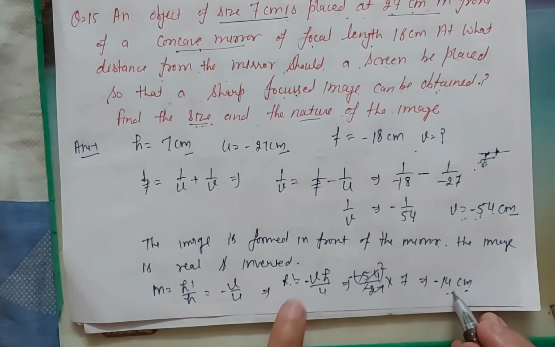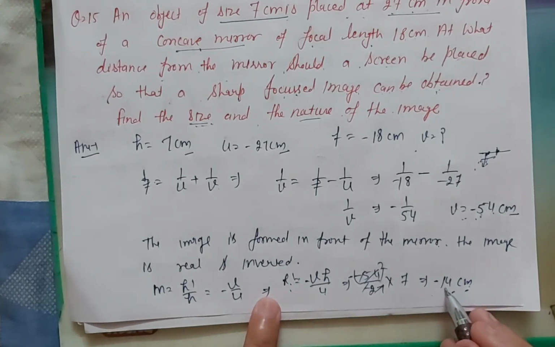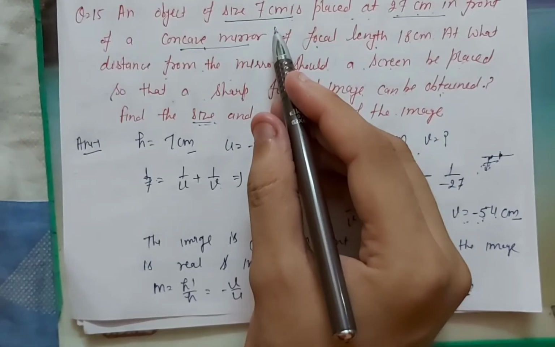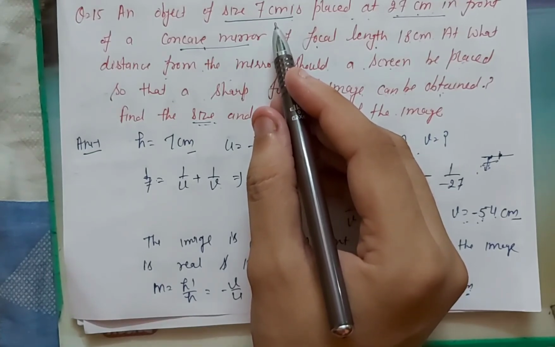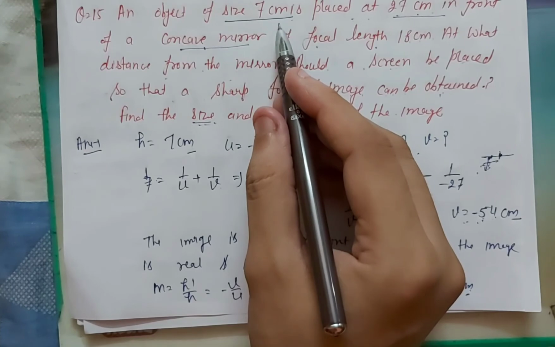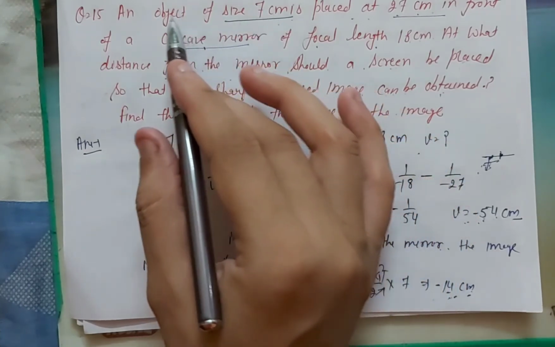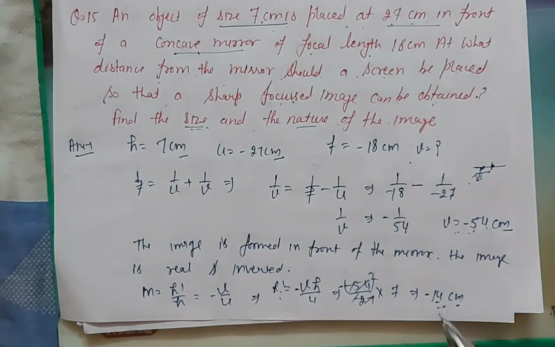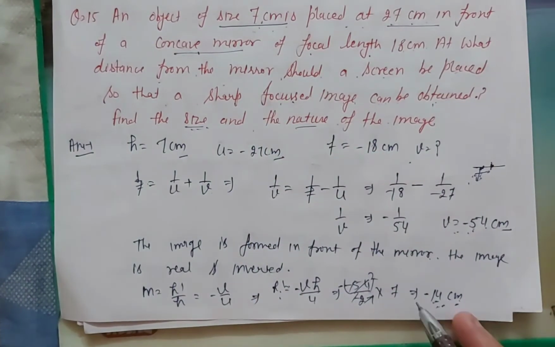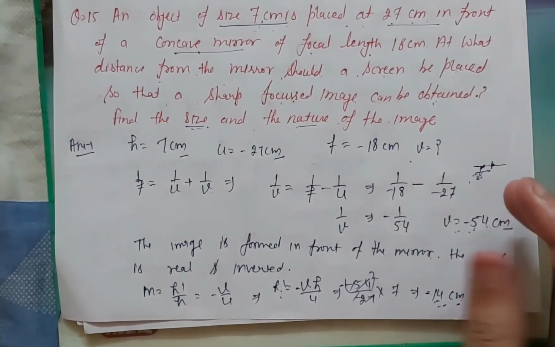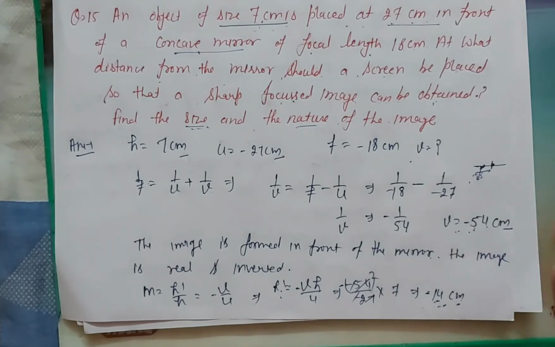Okay, so we can say that h dash is 14 whereas the object is 7. So we can say that the size of the image is 14 centimeter. This is a magnified image. If we compare the object size and the image size, the image size is larger as compared to the object size. The minus sign is just showing that it is an inverted image.